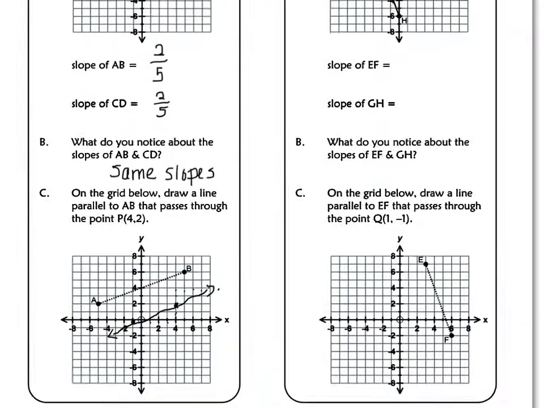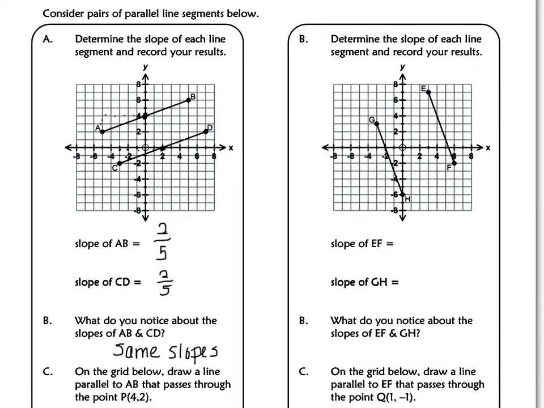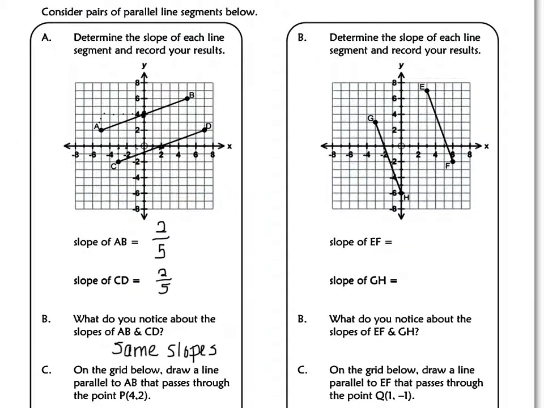So we go back up and have a look at the second example. If we calculate the slope of EF using the rise over run method, going from F up to E, we would have a rise of 1, 2, 3, 4, 5, 6, 7, 8, 9, I think. Or if I just check with the coordinates there, from -2 up to a height of 7 would be 9.